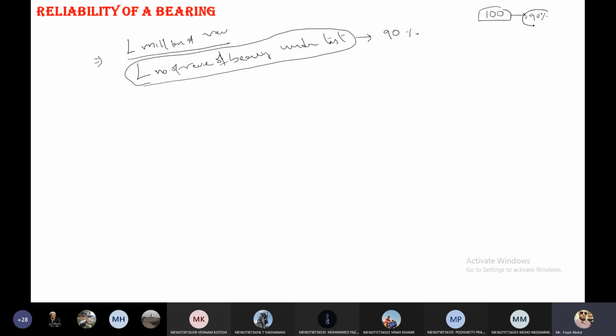So this 90% we are telling here. So the number of revolutions of the bearing under test we are treating as 90% reliability.